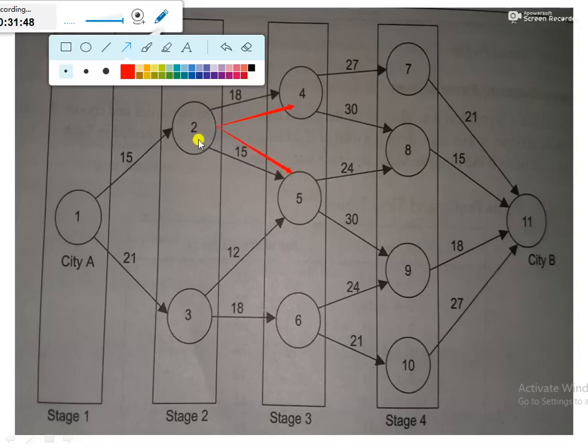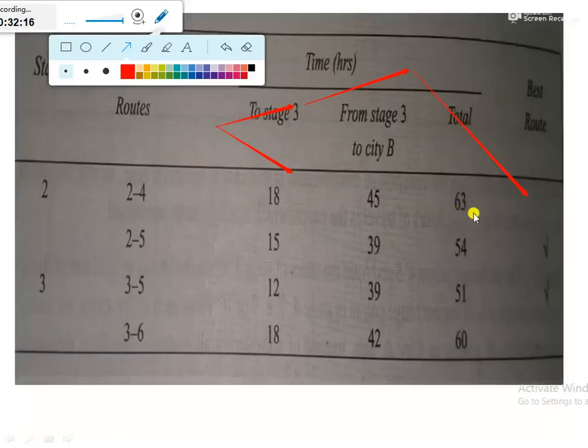If the traveler opts for this route, then after reaching point 4, again he would have two routes, 4 to 7 and 4 to 8, and again from 7 to 11 and 8 to 11. So he may choose this route 2 to 4, 4 to 7 and 7 to 11. Then the total time taken would be equal to 18 plus 27 plus 21, and it would be equal to 63.